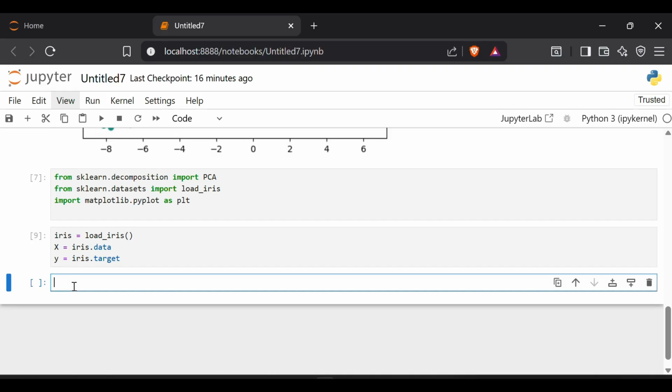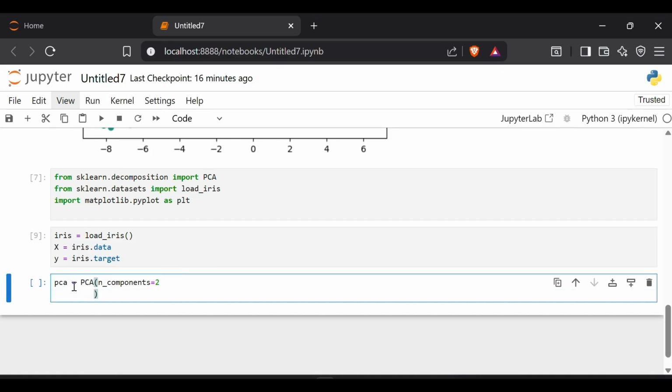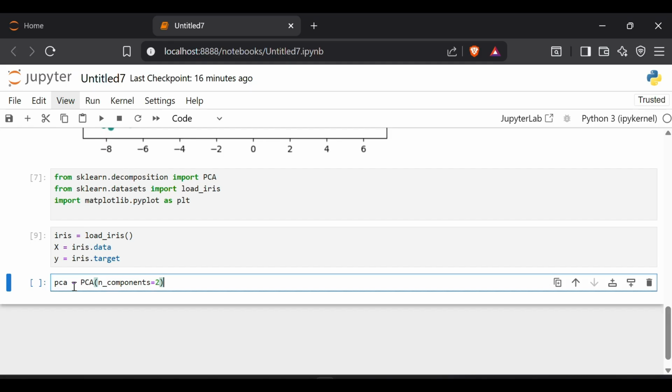Okay, so now we will make the PCA. So pca is equal to PCA, and we will give the n_components is equal to 2, component value is equal to 2.